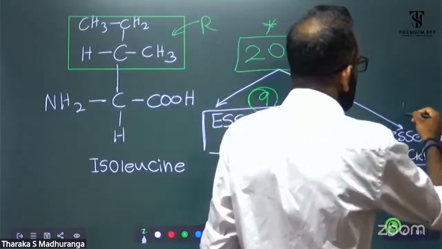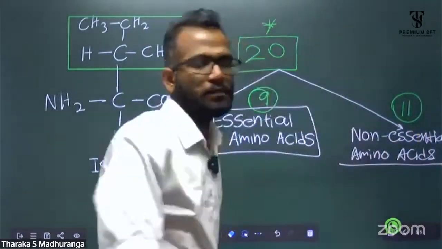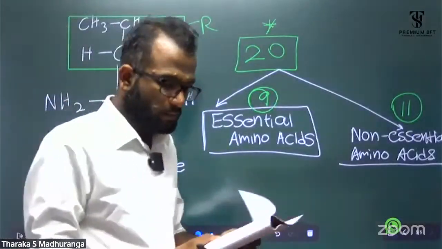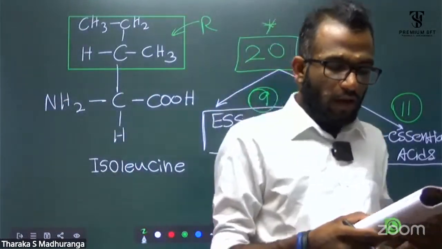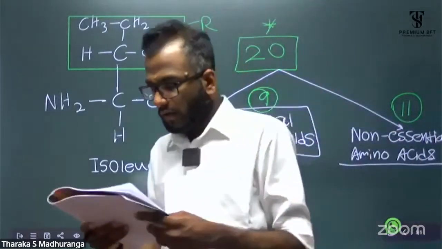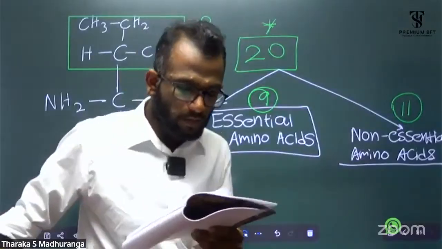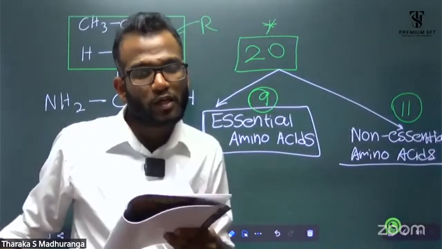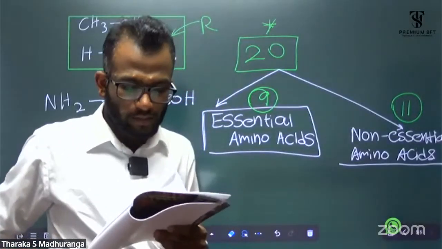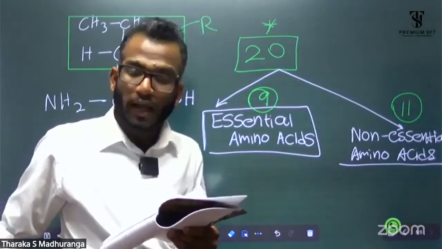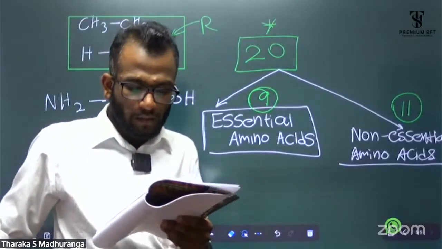But the 11 other amino acids, no problem, we can make them in our body. They are identified as essential because they cannot be produced within the human body. Understood?